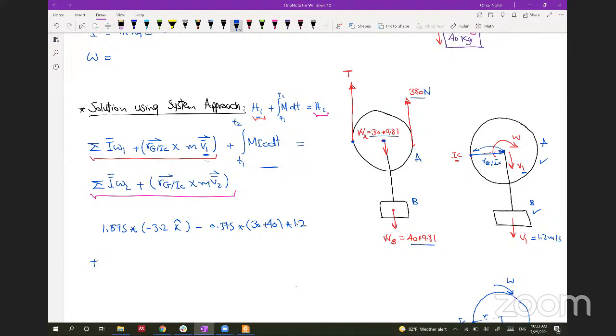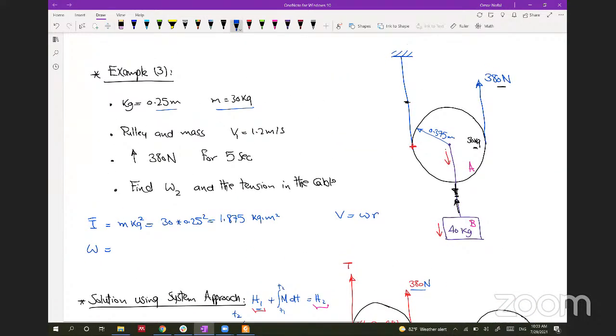So let's put the moments here. Let's have this negative (30 + 40) multiplied by 9.81. So this is weight. I need to multiply by this arm, which is 0.375. So now I got moment. I need to integrate this moment with respect to t, and this is a constant force, so I multiply directly by the time.